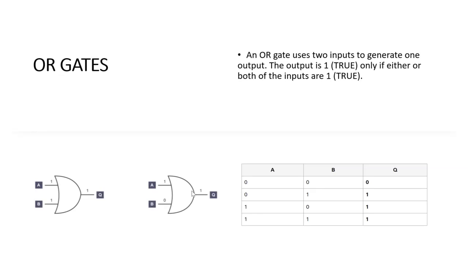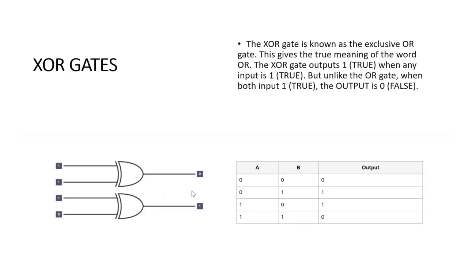We'll do one more gate. It'll be called the XOR gate, which is called exclusive OR. So it's similar to OR. It's got two inputs and one output, but the only difference between XOR and OR is that when they both are true, it is false.